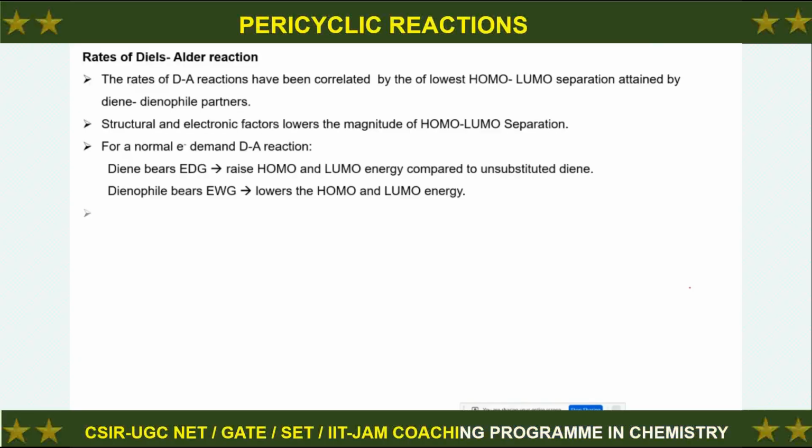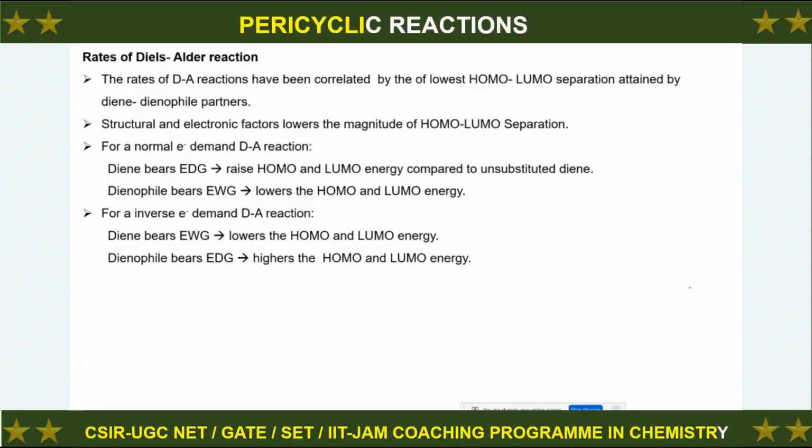Okay. Then the rate is controlled by the lowest HOMO and LUMO separation attained by the diene and dienophile partners. The structural and electronic factors lower the magnitude of the HOMO and LUMO separation. So this is the normal electron demand Diels-Alder. The diene has an electron donating group. Dienes having electron donating groups raise the HOMO energy level compared to the unsubstituted one.